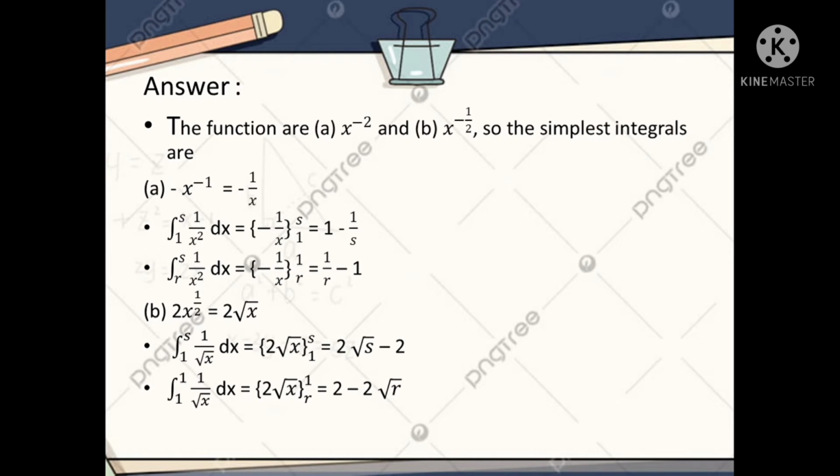Here, the functions are x to the power of minus 2 and x to the power of minus 1 over 2. So the simplest integral of x to the power of minus 2 is minus x to the power of minus 1, equals minus 1 over x.